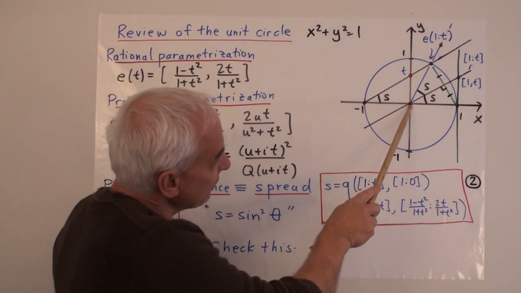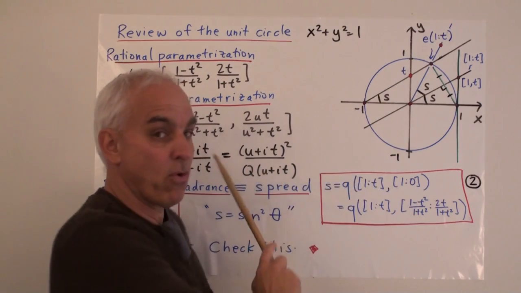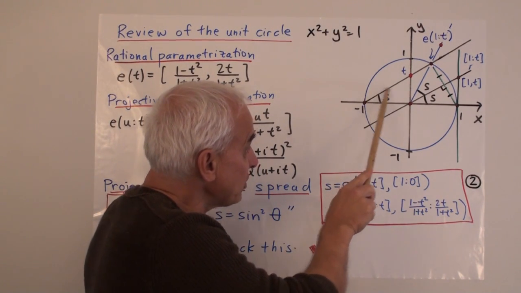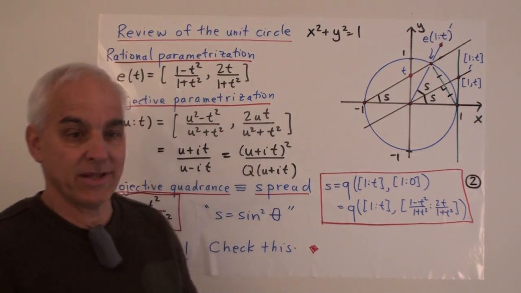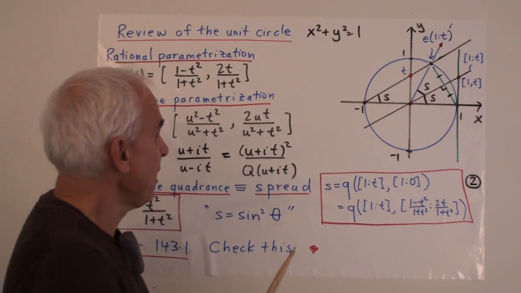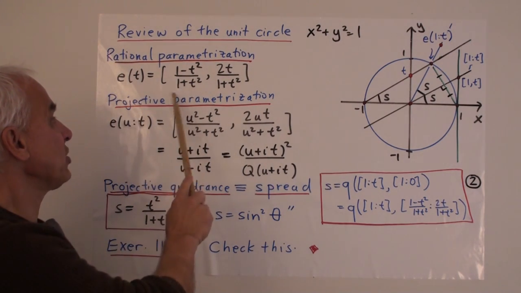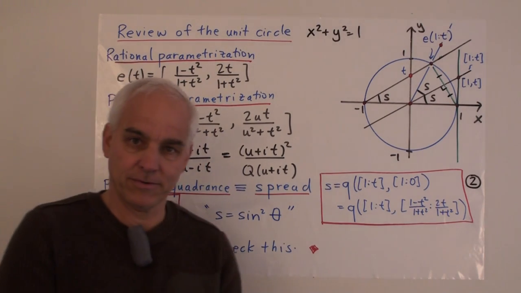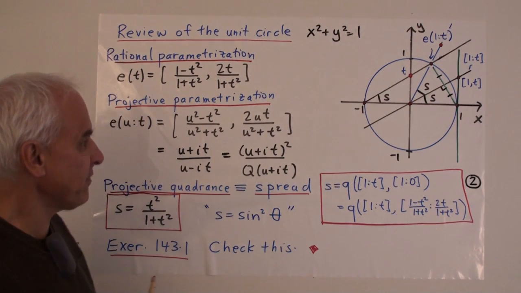That can be thought of as arising from choosing a point on the y-axis with coordinate t, joining the point -1 here on the x-axis to that point t, and seeing where that line meets the circle in the other point. We call that E of t, and a little calculation shows that's ((1 minus t squared) over (1 plus t squared), 2t over (1 plus t squared)). So I hope you've all memorized this formula by now.